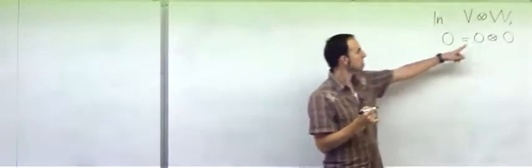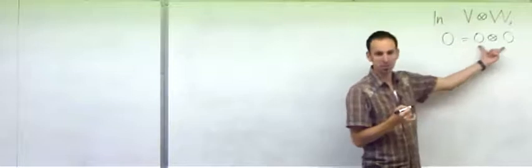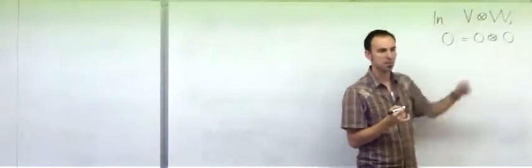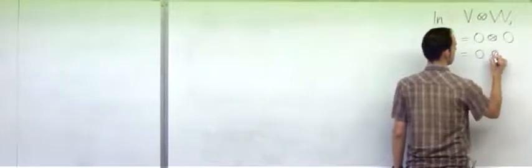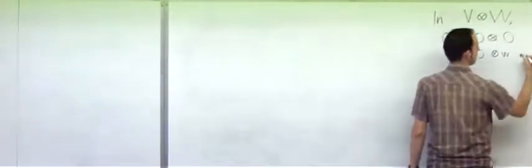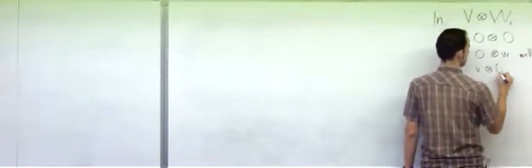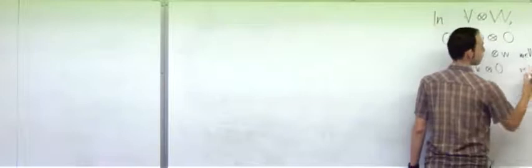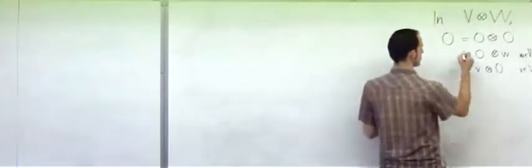Because 0 is in V and 0 is in W, and you can show that this element is the 0 of this vector space. You can also show that this is equal to 0 tensor w for any little w in big W, and it's also equal to v tensor 0 for any v.